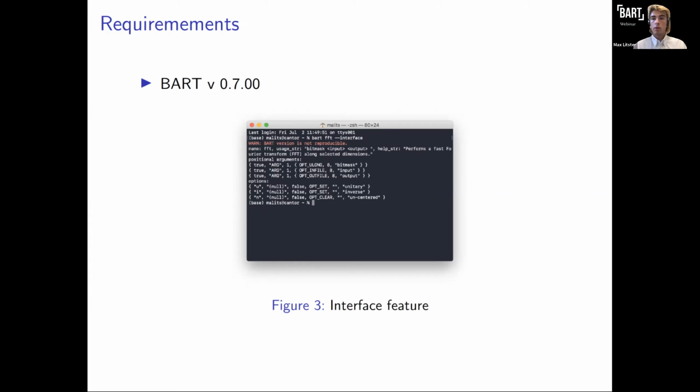There are some examples in a documents folder in the GitHub repo, which I'll show off shortly. But very critical to install and run this, one must have the latest stable version of BART, which contains this interface flag, which is what we use to generate these function signatures.